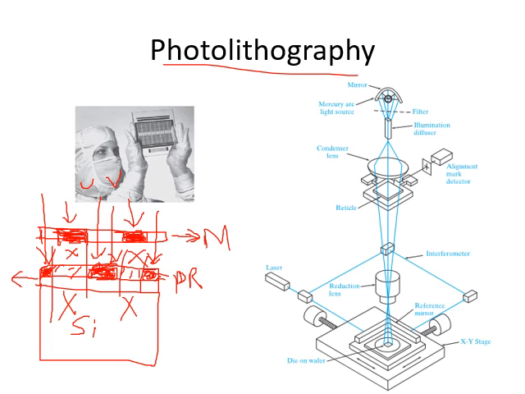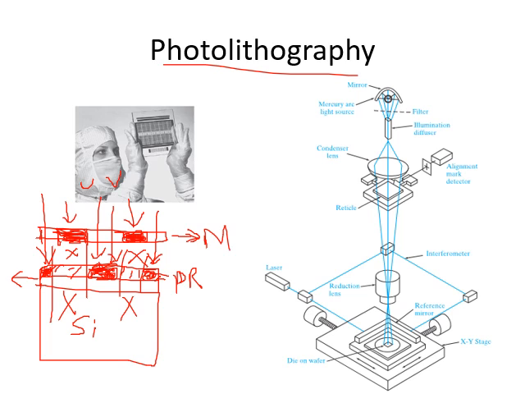So I said there are two types of photoresist, positive photoresist and negative photoresist. If you want to remove the exposed part, it is called positive photoresist. If you want to remove the unexposed material, it is called negative photoresist.